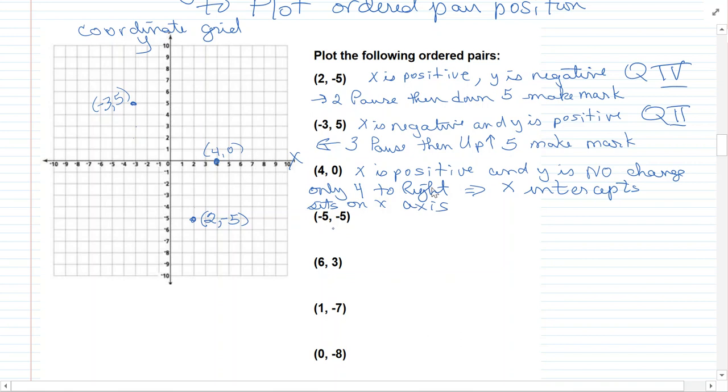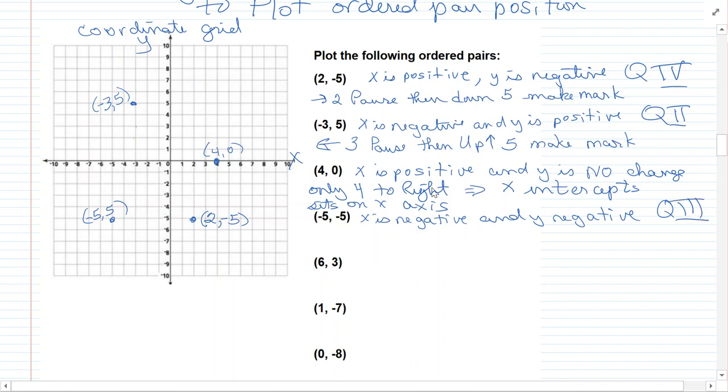What about this one? Negative, negative. So x is negative and y is negative. All right, so I go from the origin to the left, 1, 2, 3, 4, 5, and pause, and down 5. 1, 2, 3, 4, and 5. That's in quadrant 3.